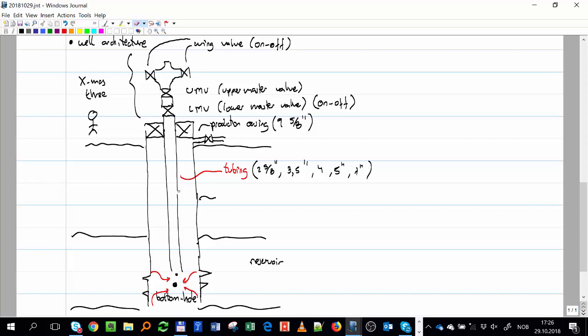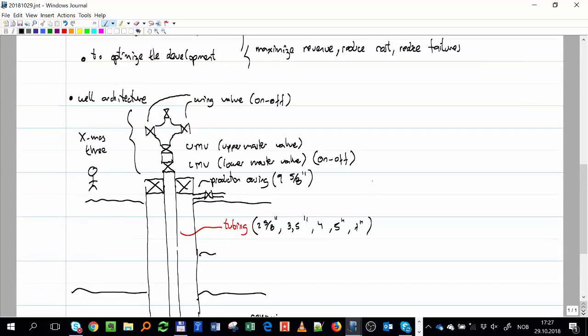Remember, to put the BOP, you have to remove the Christmas tree, put a BOP, and then go inside and access the well. If I want to make a small operation, I want to have a way to send things inside the well. Small intervention. And for that, I have this valve here at the top that our driller friends should know. What do we call this valve? The swab valve. Okay, swab valve. And that is also on and off.